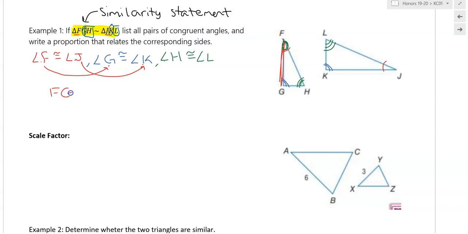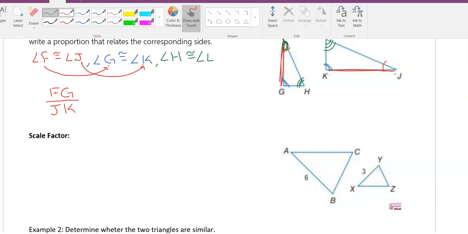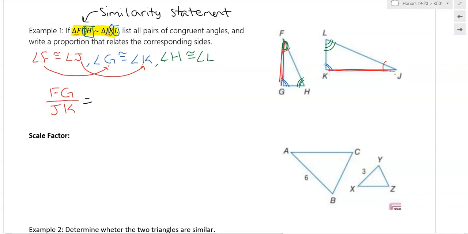That's my one side. And then J to K is my other side. So this is the distance from F to G and the distance from J to K. That's going to be one ratio, and that's going to be equal to, I'm going to do the same thing, G to H.